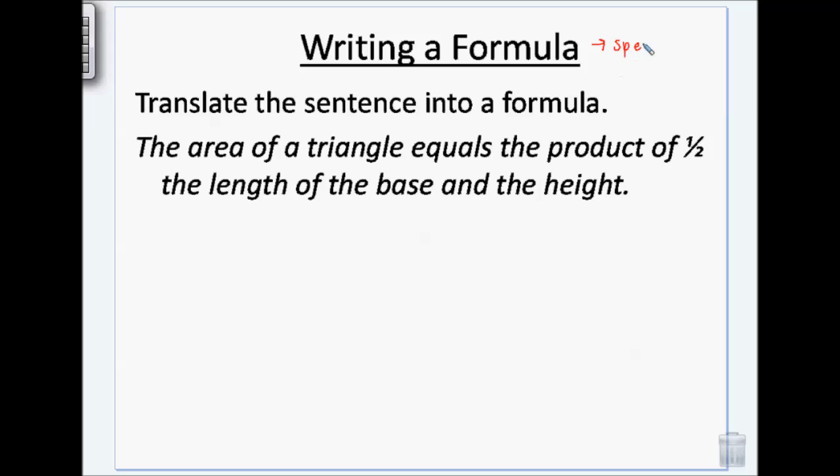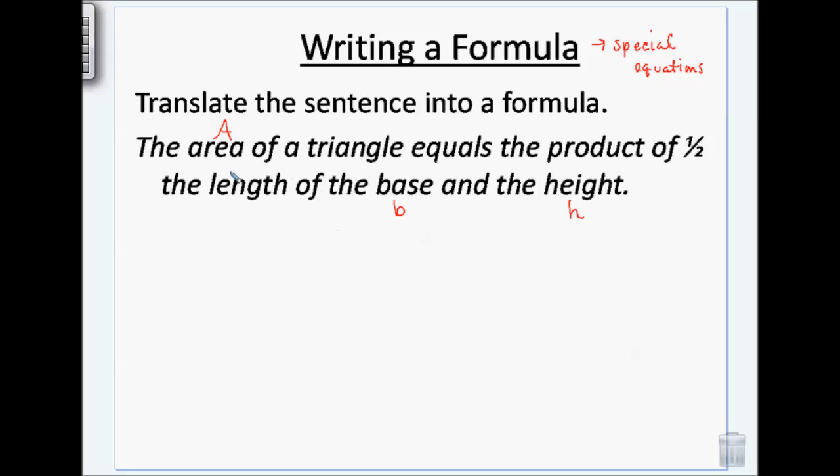Formulas are just special equations. And in a formula, the letters have specific meanings and they mean the same thing every time. So area is the letter A, base is the letter B, height is the letter H. Always.